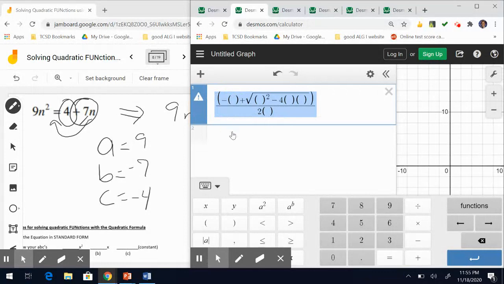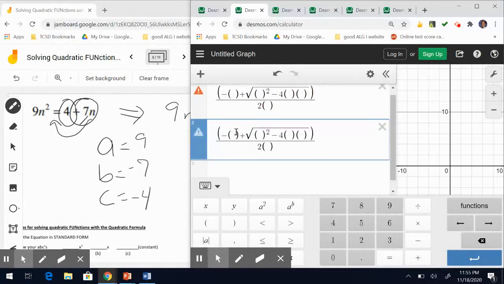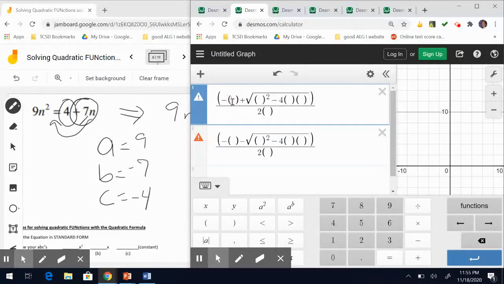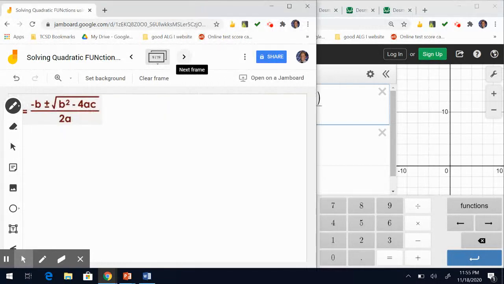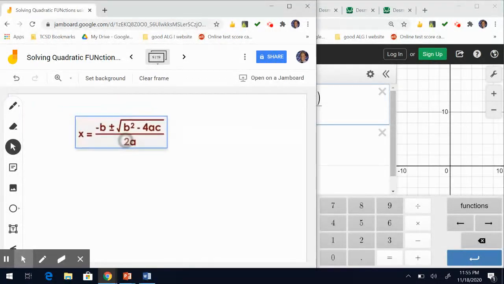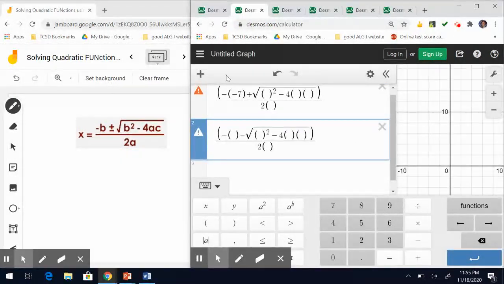So I copy this, paste it here, and I'm going to do that left bracket here. All right, so the opposite of B, what's my B value, is negative 7, plus B squared. So if I go to this frame here, we can see our quadratic formula if we need it.